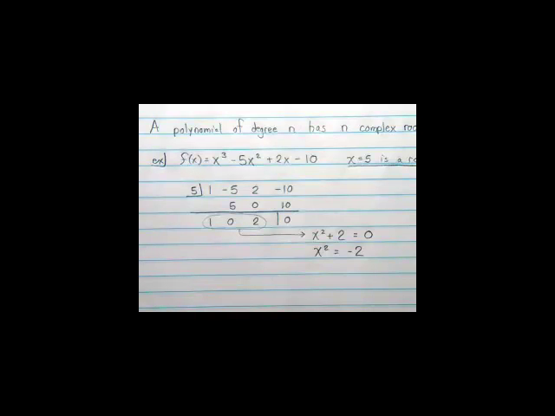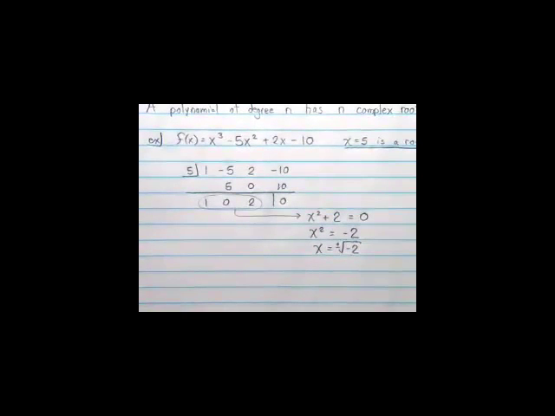Okay? So, looking at real zeros, we'd say, can't do that, done. There's only the 1, just the 5. But if we're talking about complex, we can keep going with this then. So x equals plus or minus the square root of negative 2. Now, written as an imaginary number, that would be x equals plus or minus the square root of 2i.